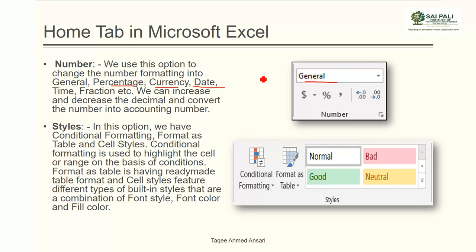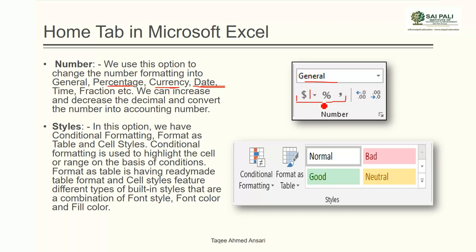So when you use any formula or function on data which is defined as a date, Excel can understand that this is date data, so the function can work properly. Or is it a currency, or is it a percentage? So you can define the number formatting by directly selecting from this command.